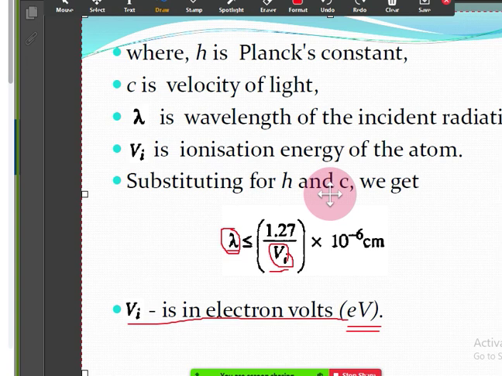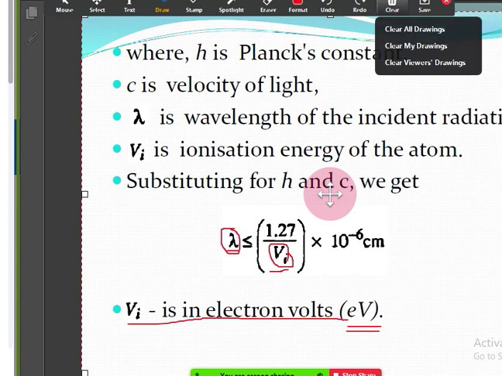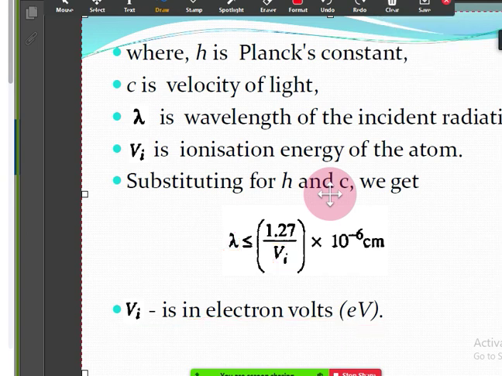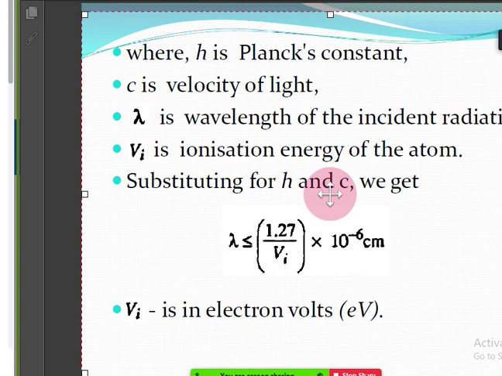If Vi is less, lambda should be more, so those two are inversely proportional. If Vi decreases, lambda increases. If Vi increases, lambda decreases. That is, wavelength and ionization potential are inversely proportional. That is the conclusion.